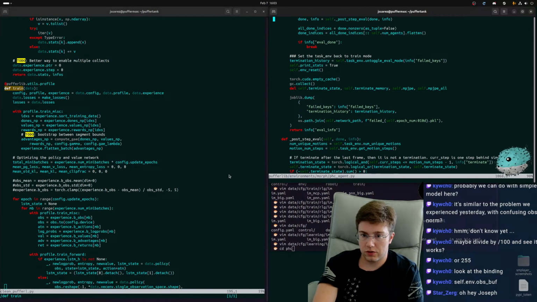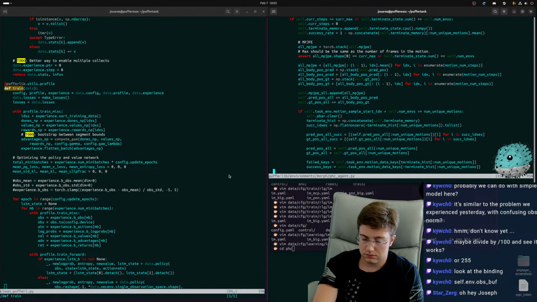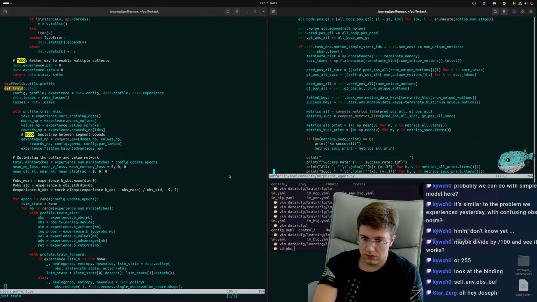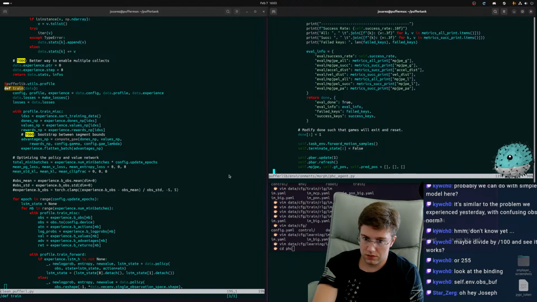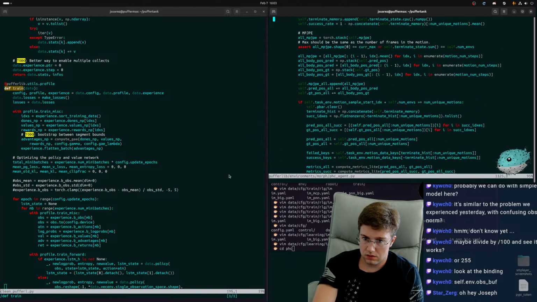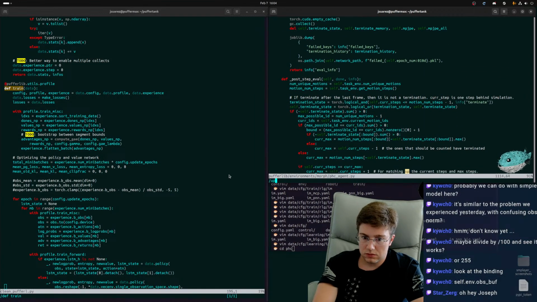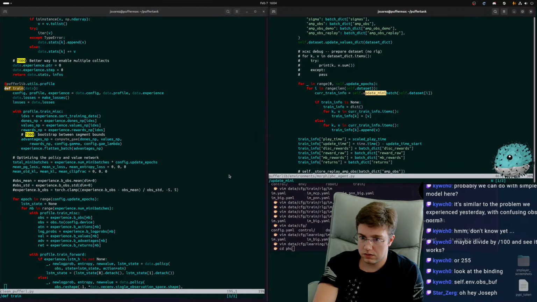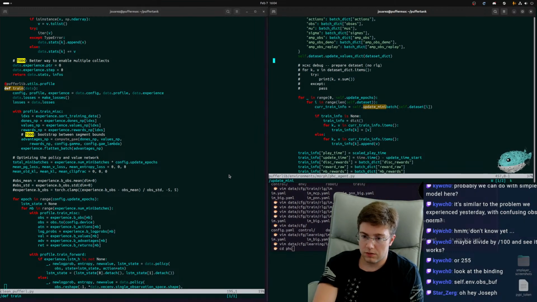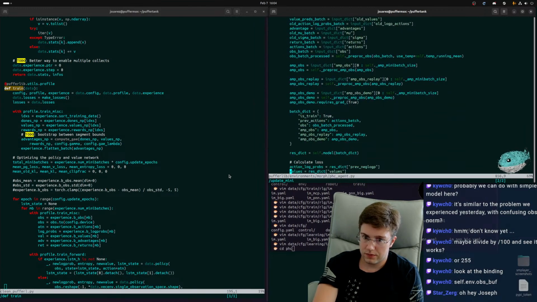I'm pretty sure the only thing that we really need to do here is the additional loss. Yeah, it's gotta be here, right? Update mini batch. AMP obs.